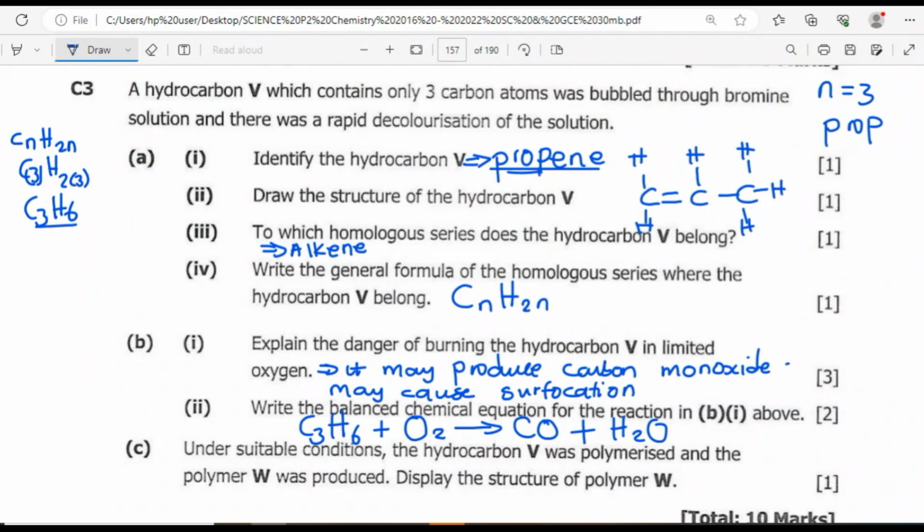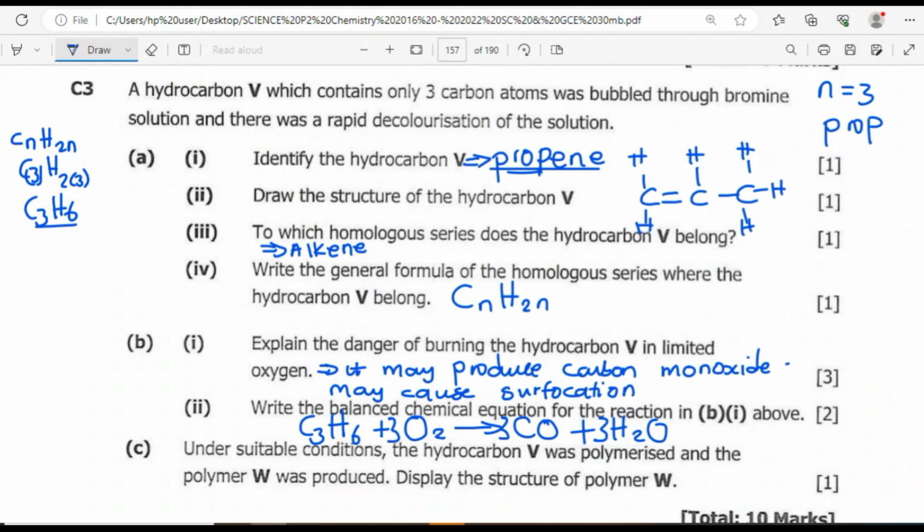Incomplete will give you carbon monoxide, CO, plus water. So let's put 3 here. If we put 3 here, 3 carbons, let's also put 3 here, so that 3 times 3 will give us 6 atoms of hydrogen. Then oxygen will have 3, so we just put 3, 3 times 2, 6. Then here we have that.